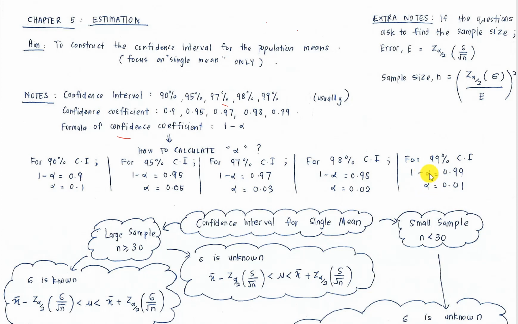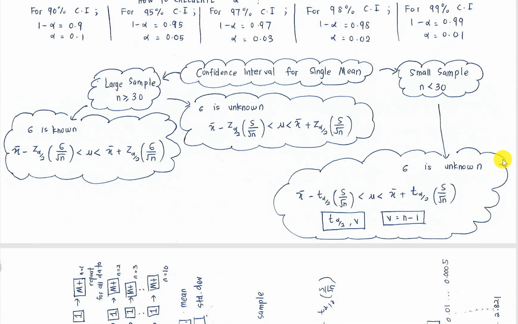Now we look at the formula of the confidence interval for a single mean. There are two types of sample. The first type is for the large sample and the second type is for the small sample. Sigma is unknown, that means the standard deviation is unknown.